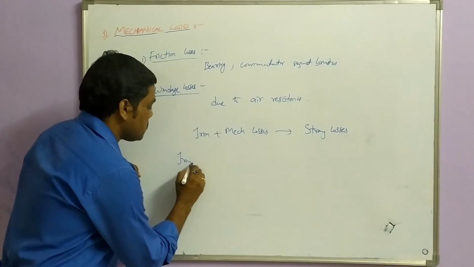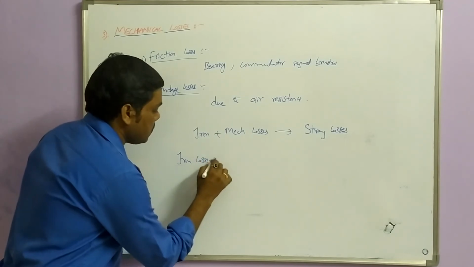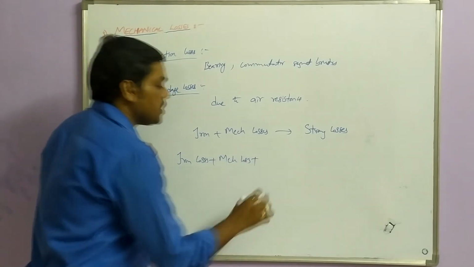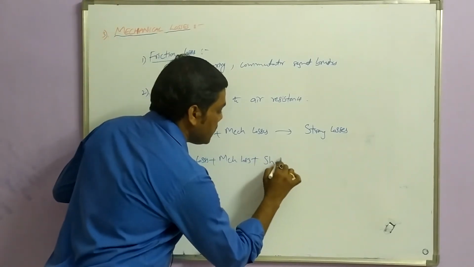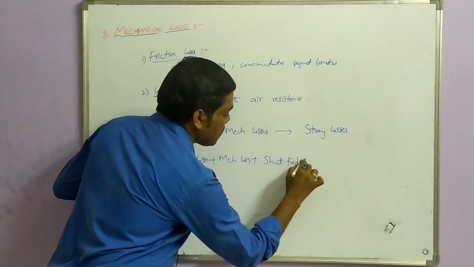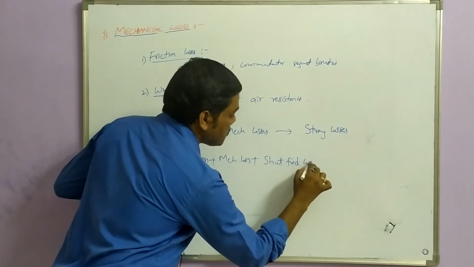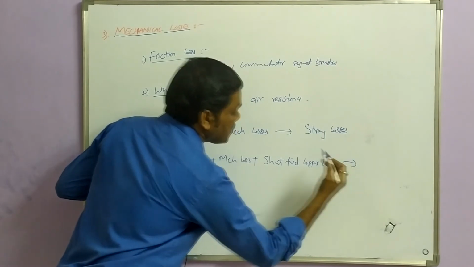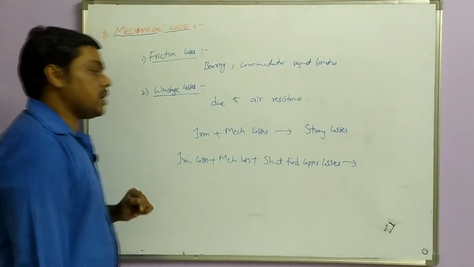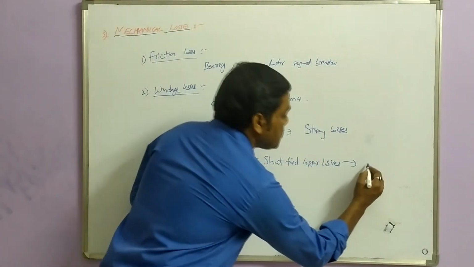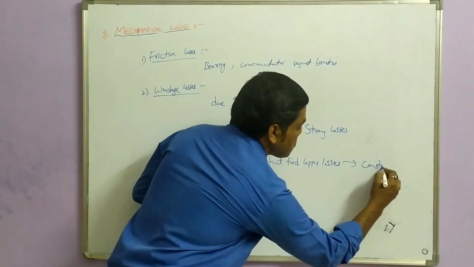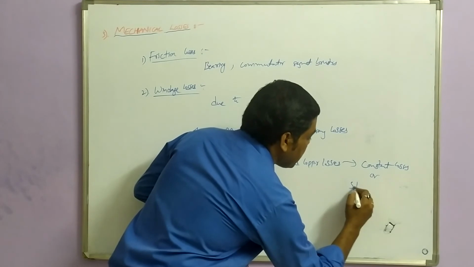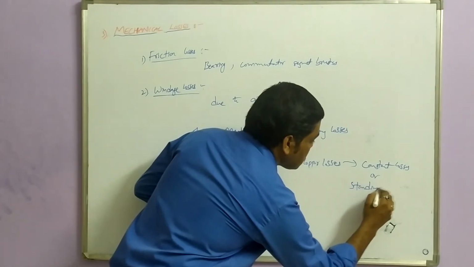Iron losses plus mechanical losses plus shunt field copper losses together are called the constant losses, or standing losses.